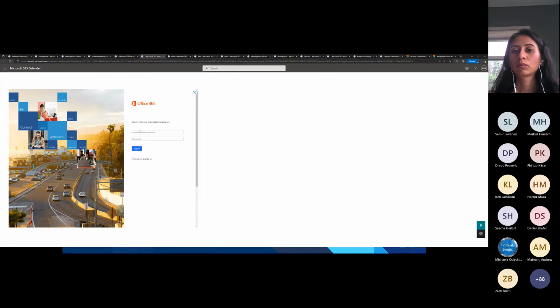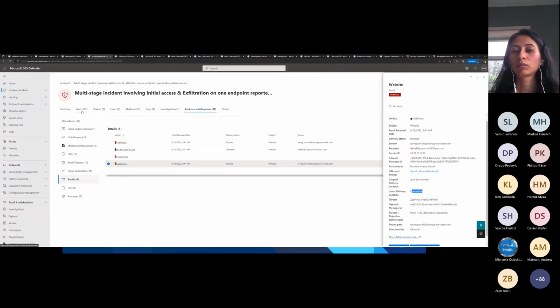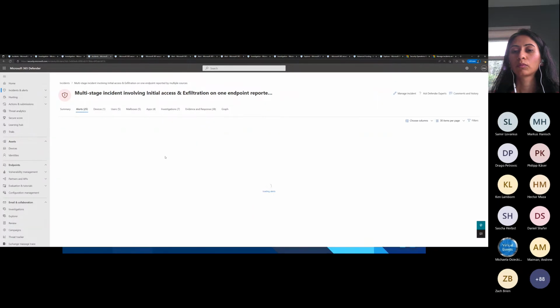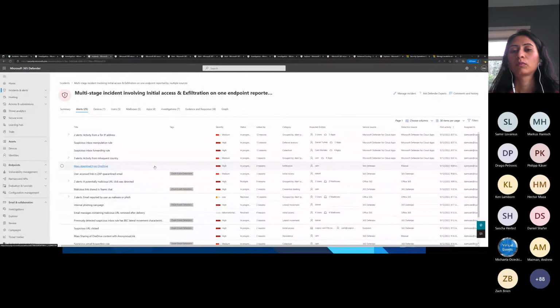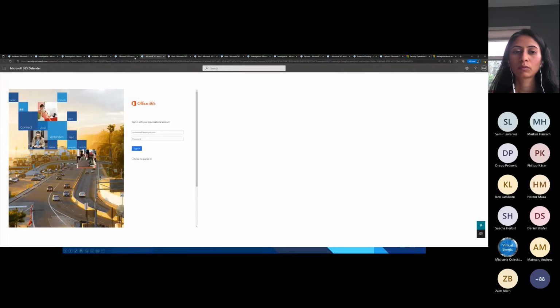Now I can be more suspicious that this user probably gave away credentials here, because in the incident we see all sorts of activities that happened after that, and some of that happened from Tor IP addresses. You see all those alerts as well. So this is the time to kick the gears into action, treat this user as compromised, and start taking back the account. Okay, so that's how you can drill into one individual email.